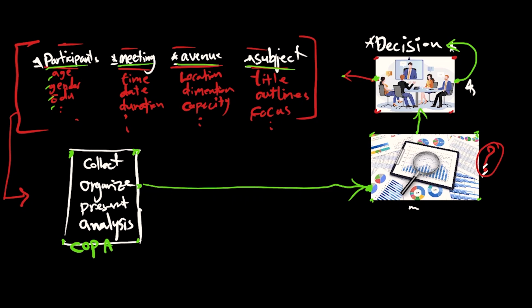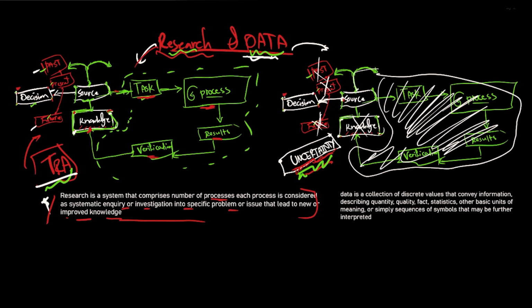I hope this image now seems quite familiar to you, where we have discussed earlier the TRA image. That is the TRA image, and I have just brought the academic definition of data. Data is a collection of discrete values that convey information, describing quantity, quality, fact, statistics, other basic units of meaning, or simply a sequence of symbols that may be further interpreted.